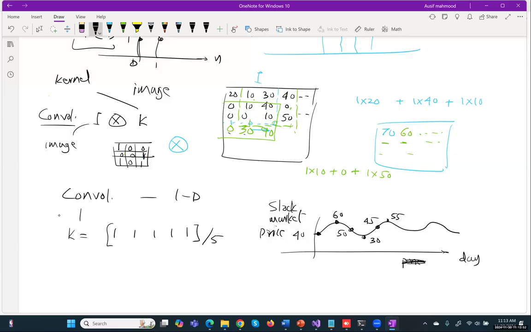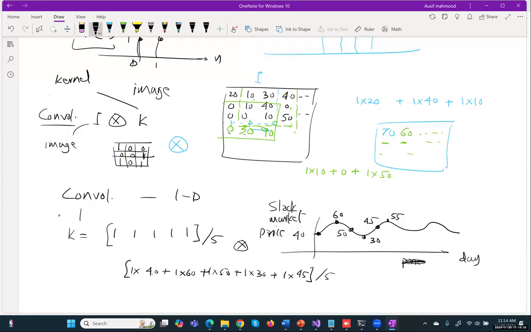So if we do the convolution of this kernel, which is five ones divided by 5, what will happen? See, 1 multiplied by 40, then 1 times 60, then 1 times 50, then 1 times 30. How many did I go? 1, 2, 3, 4. One more value, 1 times 45, divided by 5, right?